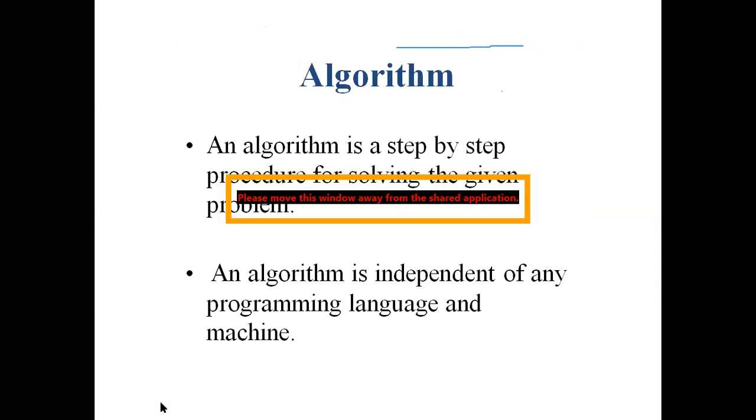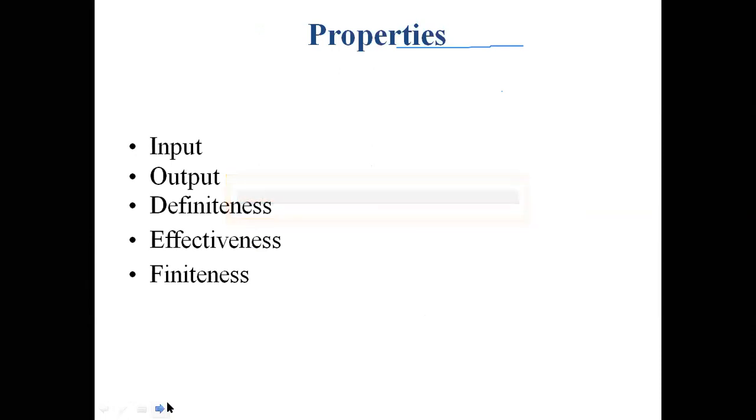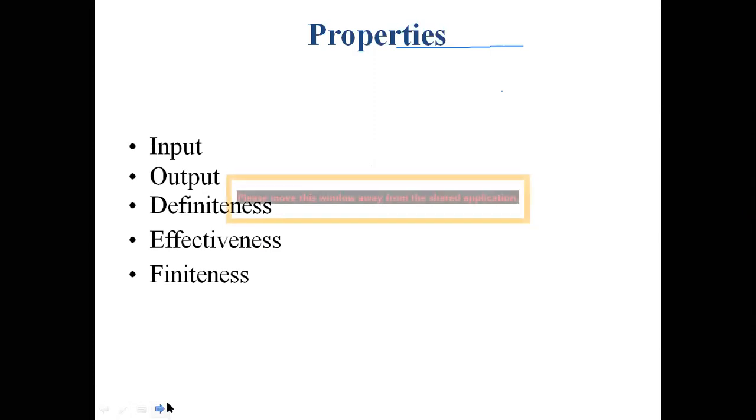Here are some of the properties of an algorithm: input, output, definiteness, effectiveness, finiteness. First we discuss input. Input means it generally requires a finite number of inputs.